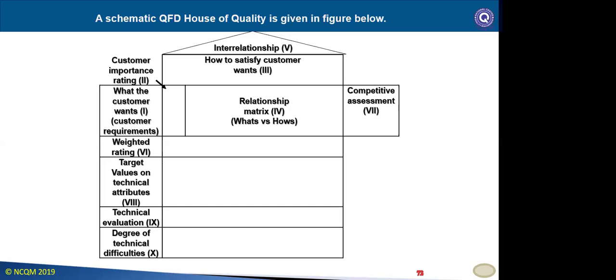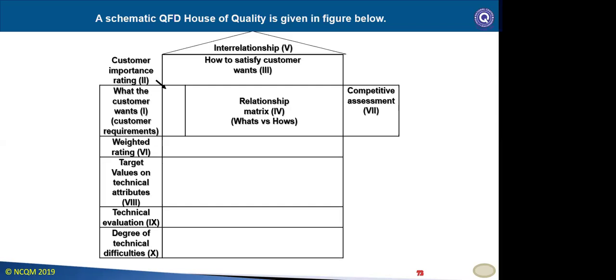Then number 6 is the weighted rating method. What we do here is find out the weightage for each of these relationship metrics that we identified in 4. For each of these factors in the relationship matrix and the customer wants, we will see in the example how this weightage is calculated.